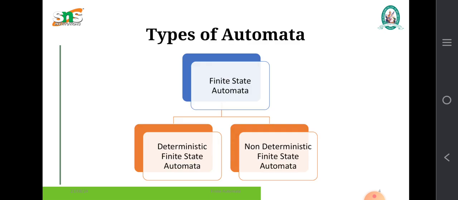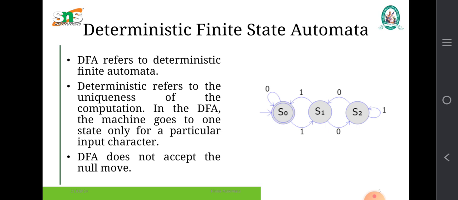Then next one is types of automata. Under finite state automata, you have got two types. One is deterministic finite state automata and the next one is non-deterministic finite state automata. So what is this deterministic finite state automata? It refers to the uniqueness of the computation. In this, the machine goes to one state only for a particular input character.